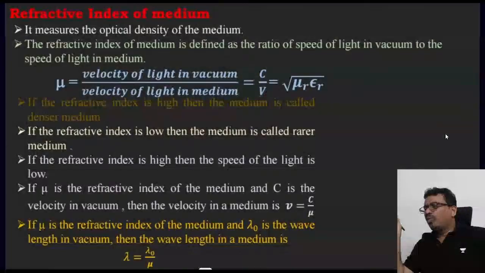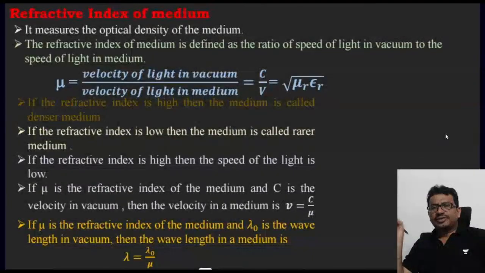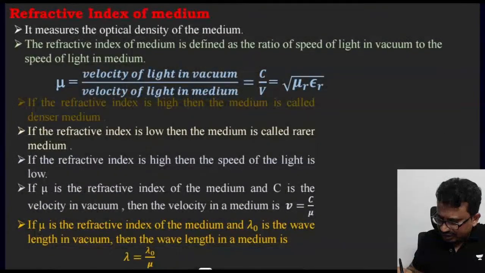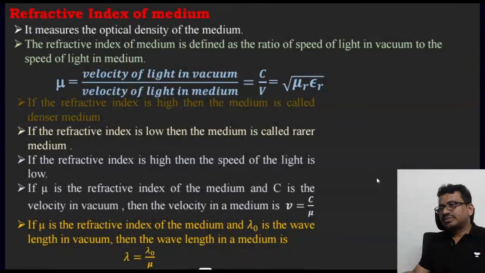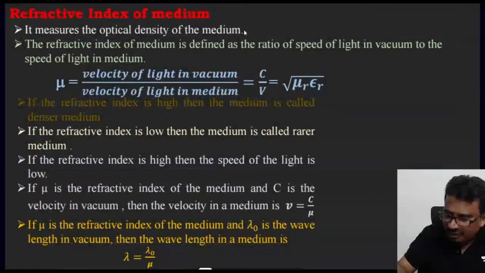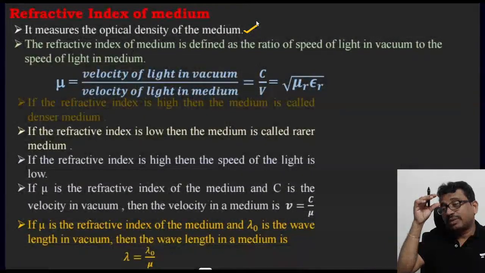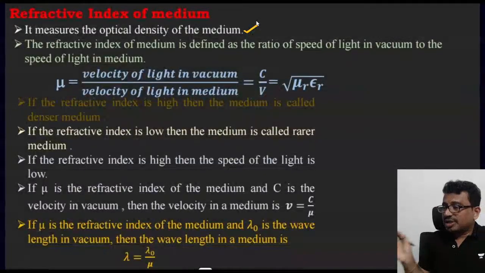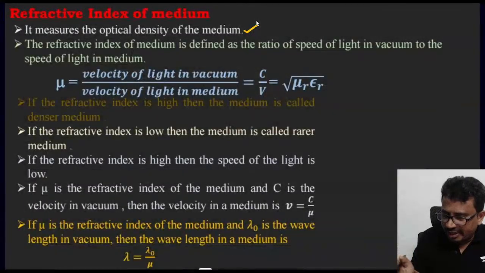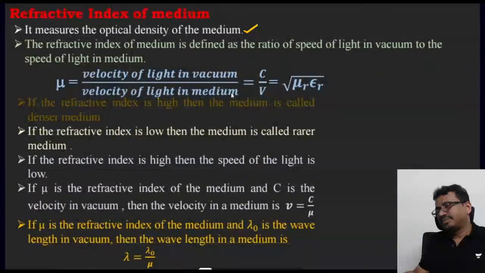So here, what is the refractive index, that we are going to see first. Refractive index is a measure of optical density of a medium. How is the refractive index of a medium defined? It is the ratio between the velocity of light in free space to the velocity of light in the medium.